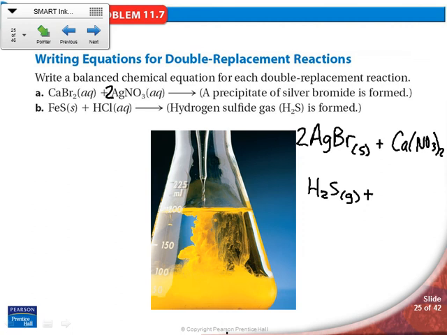Okay, this time you can figure out what the iron is. What charge does that iron have? How do we know 2? Because sulfur has a 2- and it was combined with sulfur in a 1-to-1 ratio over here, right? So that's Fe2+. So it's going to be Fe, what?